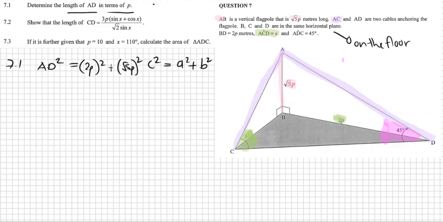So that's BD squared and AB squared. So AD squared is equal to 4p squared plus 5p squared, which is 9p squared.